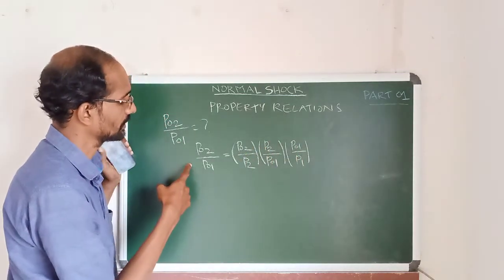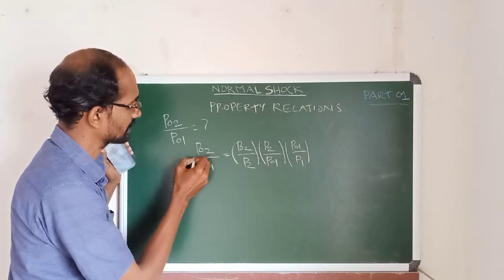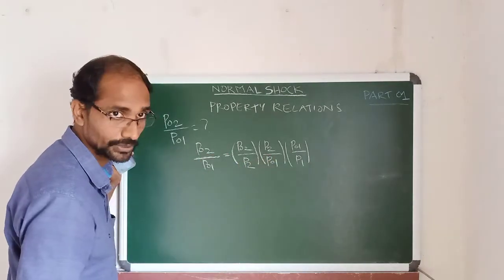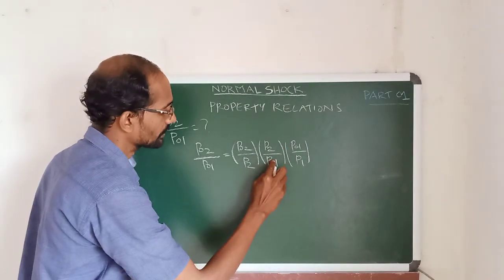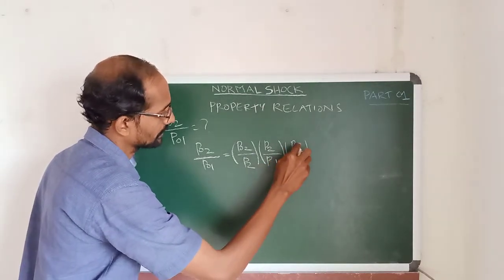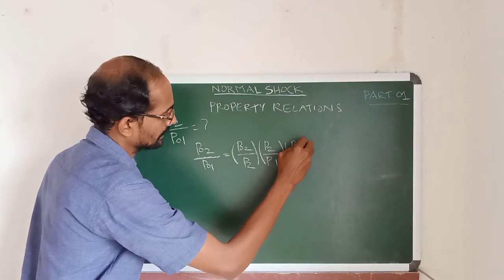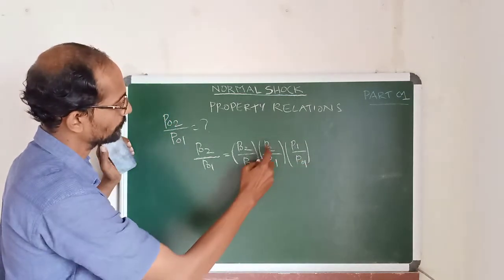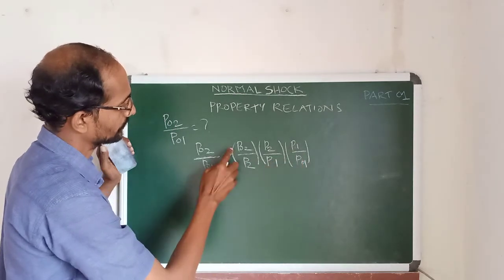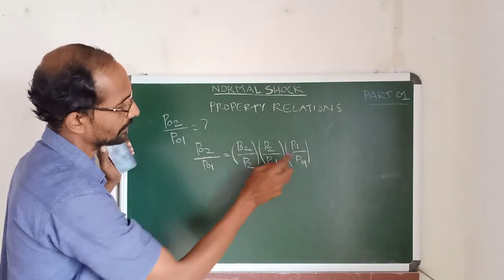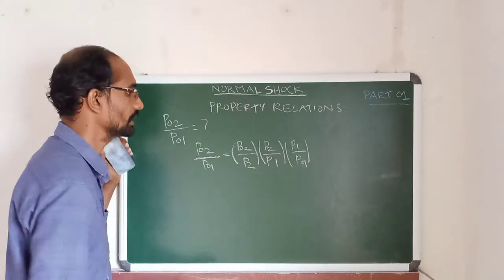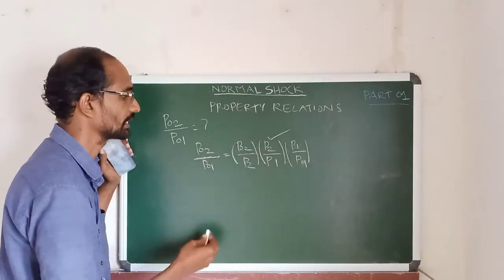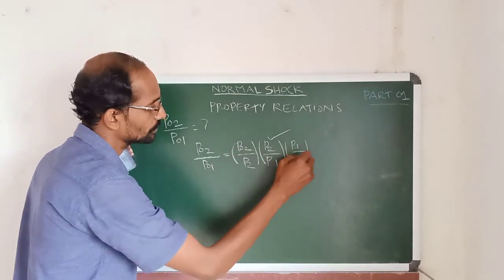So I have viewed this ratio as a product of three important ratios. Now P2 cancels and P1 cancels, so finally we get P02 by P01. We have already calculated this; we have two expressions for it and can use either.